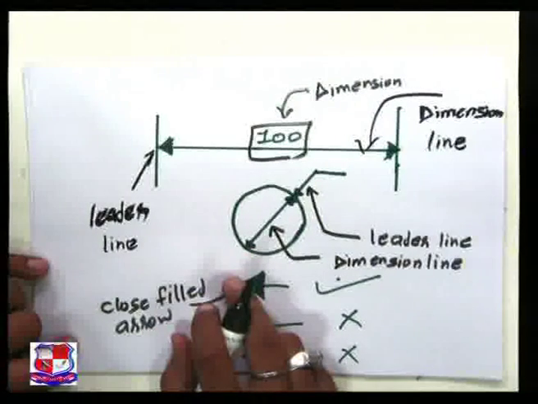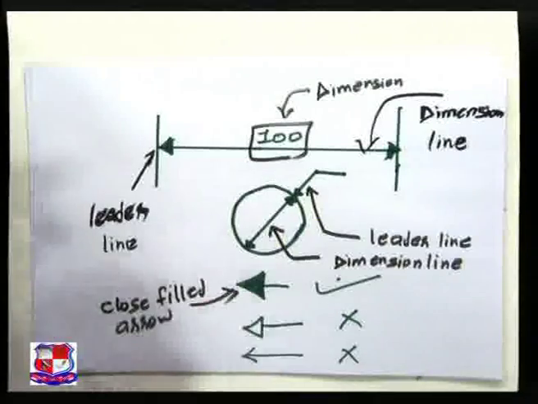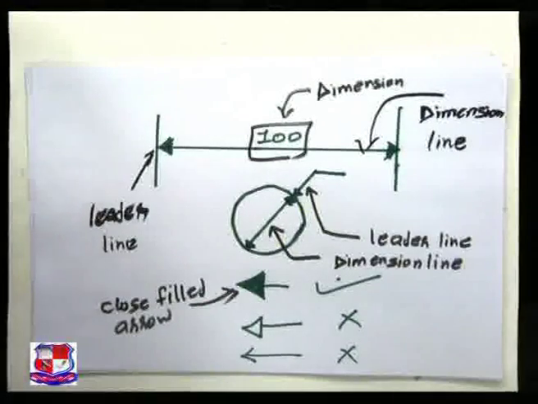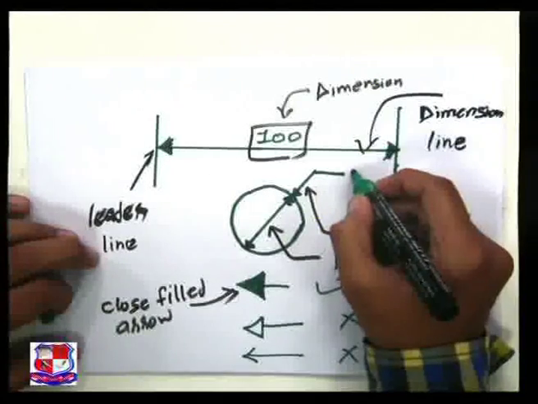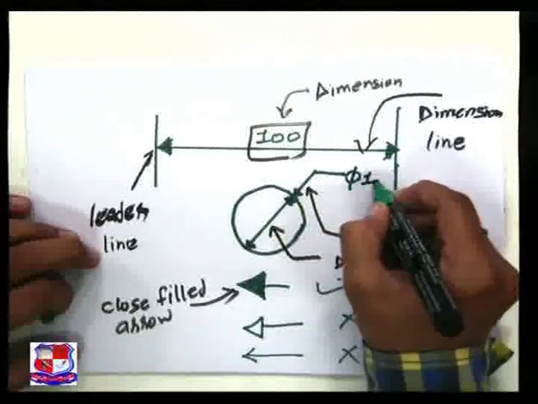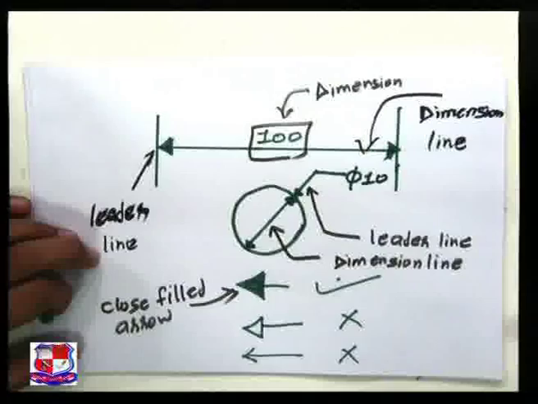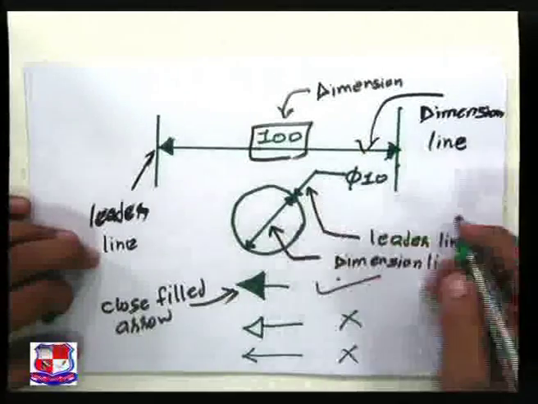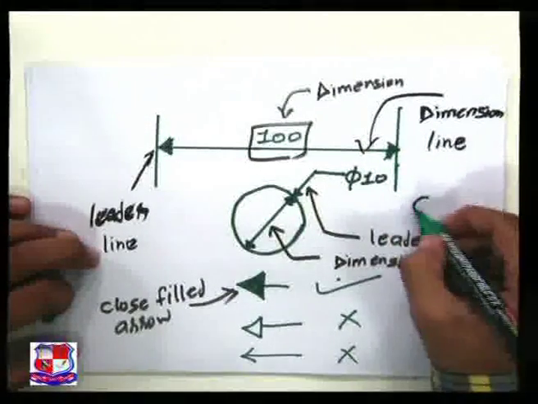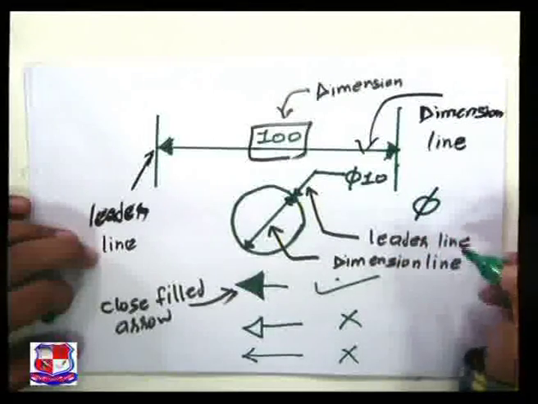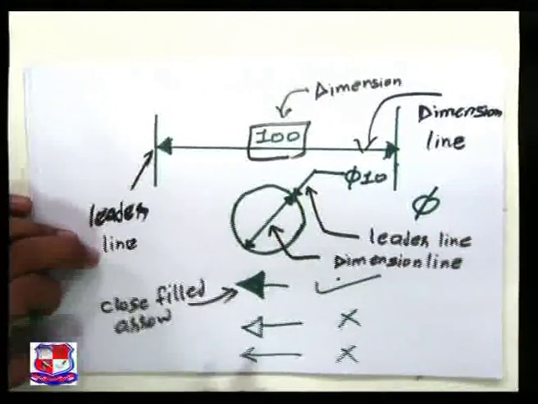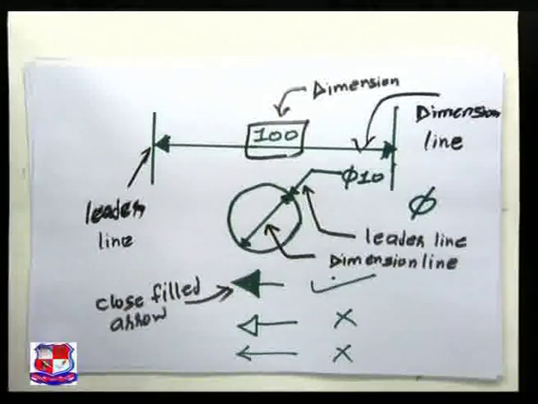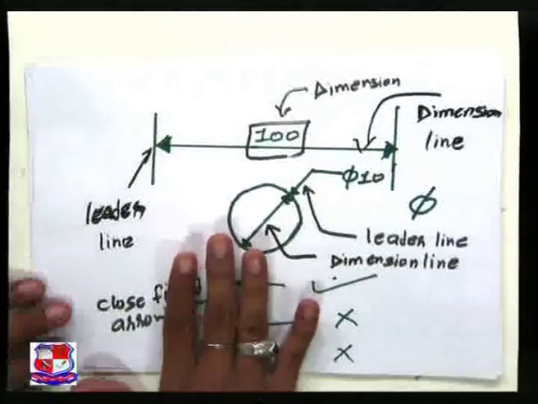Now where I need to write the dimension, I will write it beside the leader line. Diameter 10. This is the sign of the diameter. Draw a circle and cut it out. 5. This is the sign of diameter.